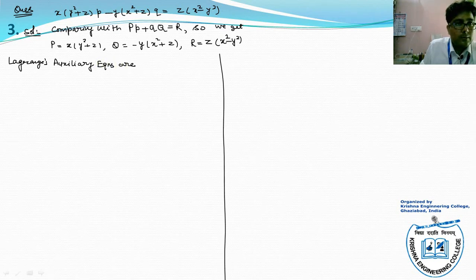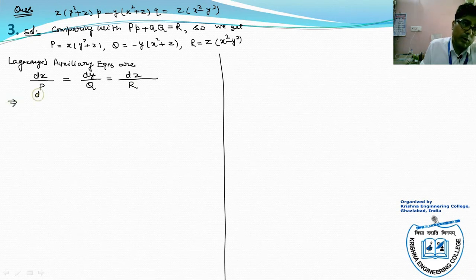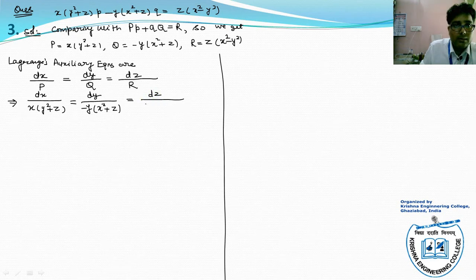Equations are dx upon capital P, dy upon capital Q and dz upon capital R. Now put the values of capital P, capital Q, capital R: dx upon x(y square plus z), dy upon minus y(x square plus z), and dz upon z(x square minus y square).